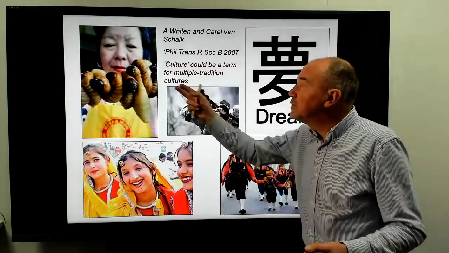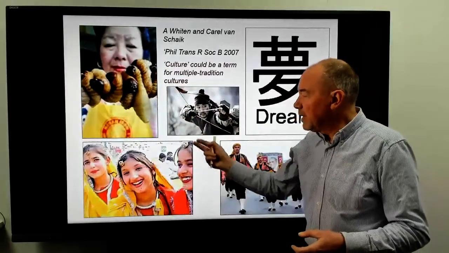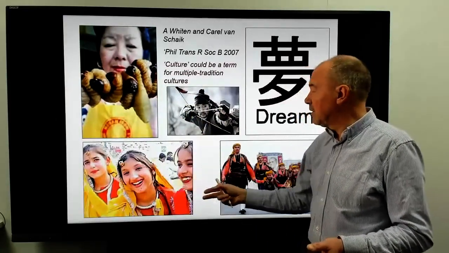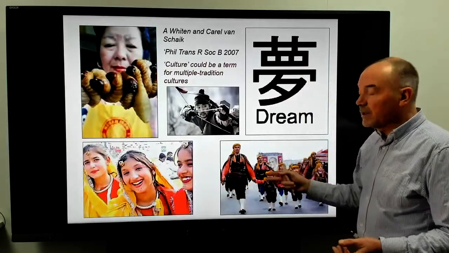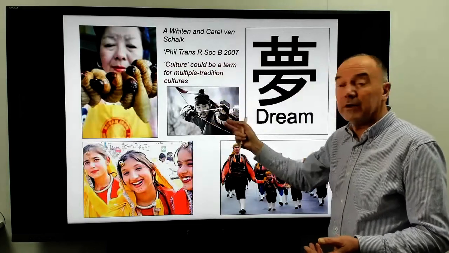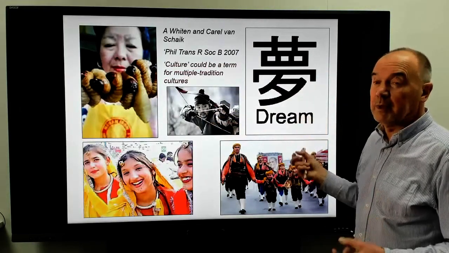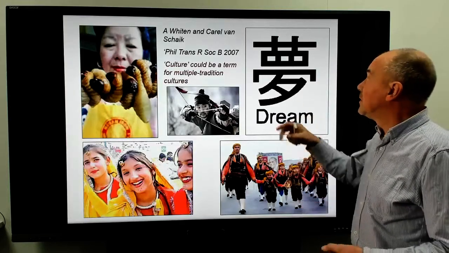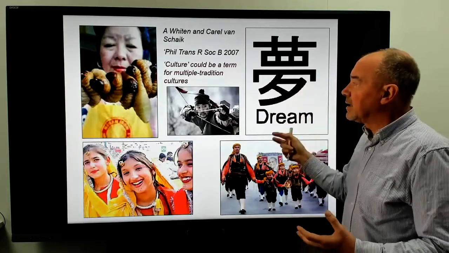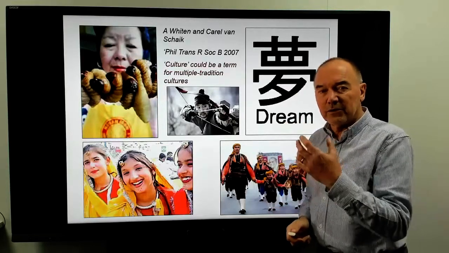The kind of foods that people eat, how they prepare them, their cuisine, the way people dress, the way they decorate themselves, the kind of social customs they follow, like this procession here, their technologies, their communication patterns, the way they speak, the language they speak, if they have a written language, how they write that. In other words, culture is really then an array of traditions.